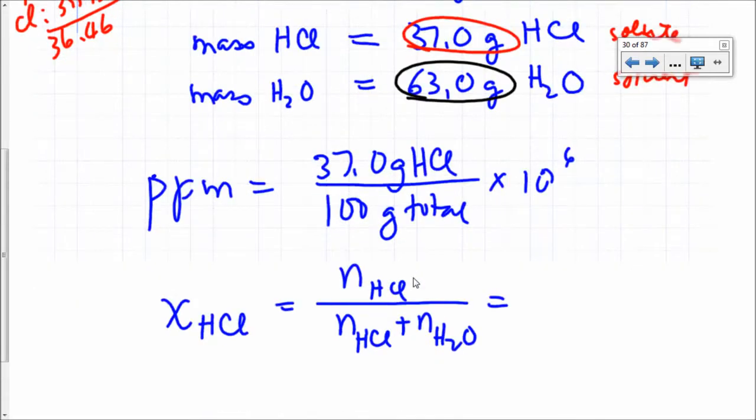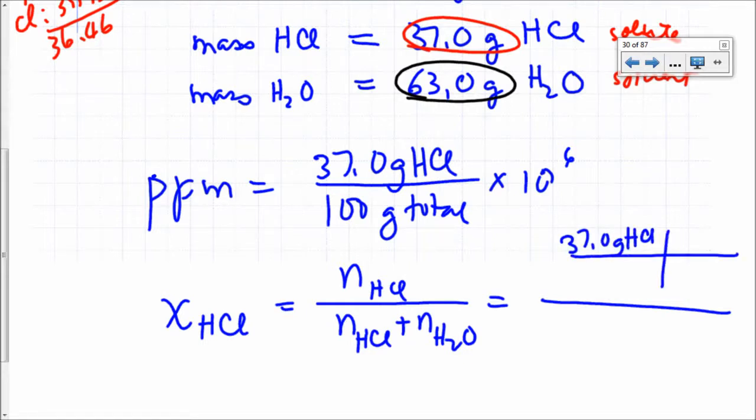Again, how do you solve for moles HCl? 37.0 grams HCl. How many moles? What's the molar mass? 1 mole of HCl is 36.46 grams.